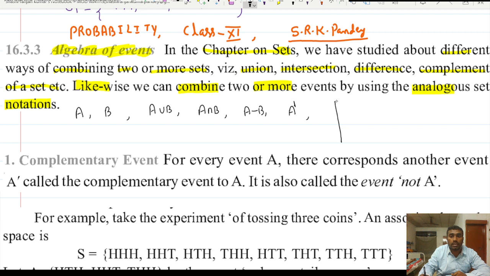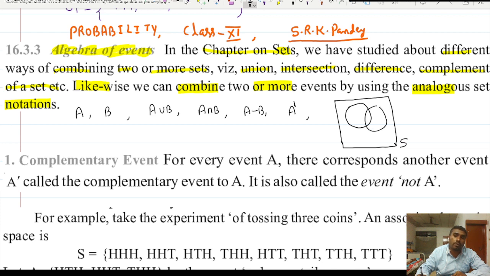And actually, we can learn this probability with the help of a Venn diagram. If we use the Venn diagram, it will be very easy for us. We assume whatever is our total sample space we will consider as the universal set S, right? All the events will come inside the sample space, so we consider them as subsets of the sample space.